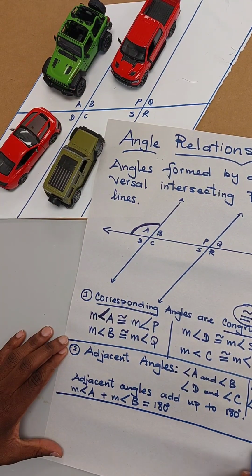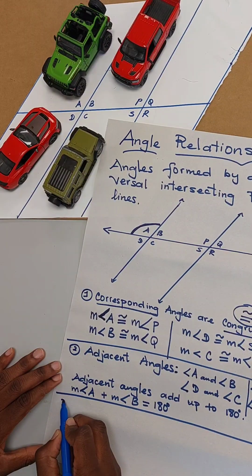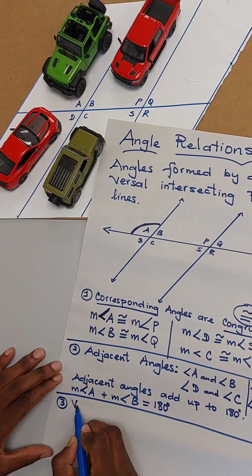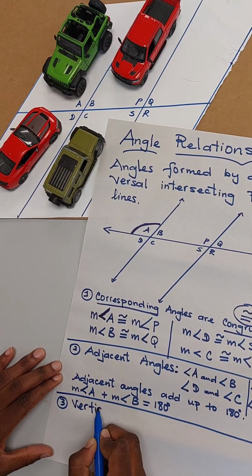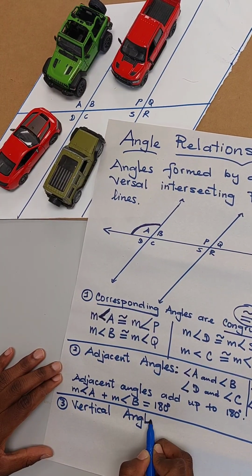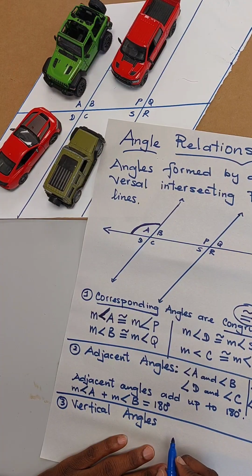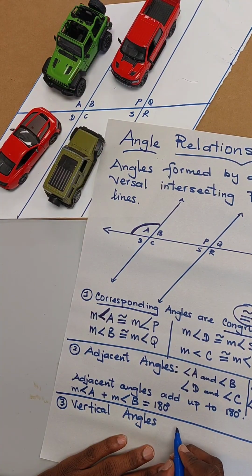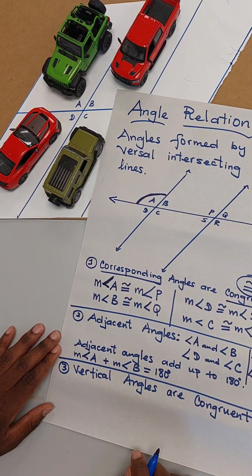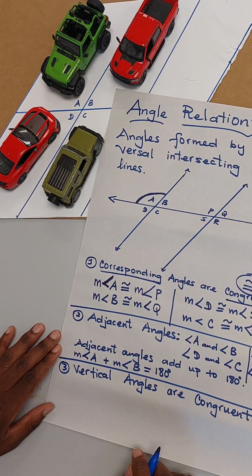The third relationship that we will look at in this scenario are vertical angles. Vertical angles are congruent. Again, congruent means they have the same size. The word for vertical is opposite.